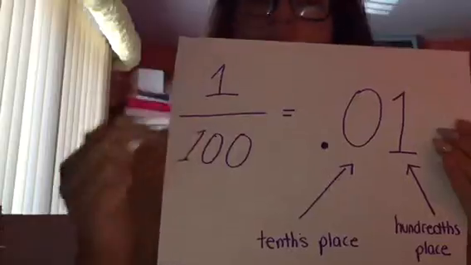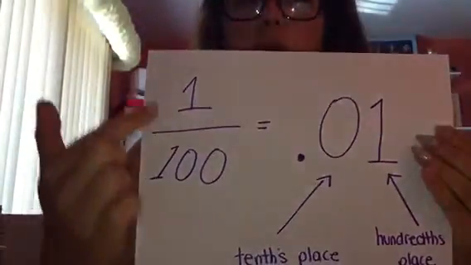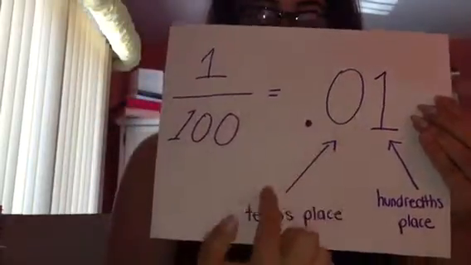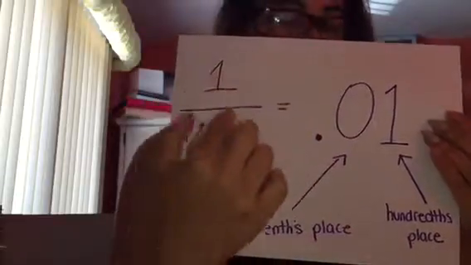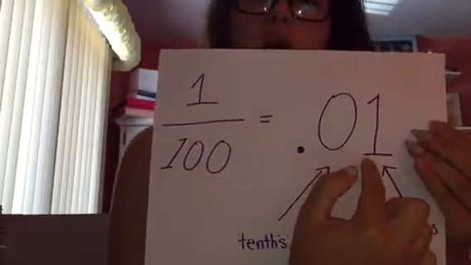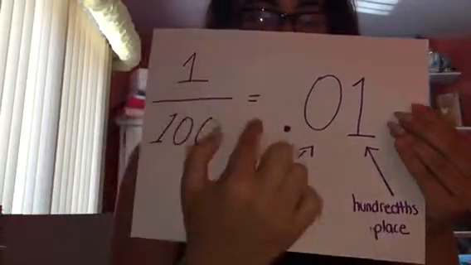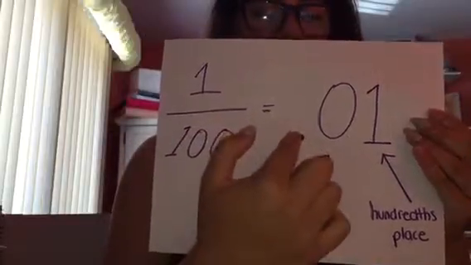That 0 would represent the tenths because we have no tenths in this situation. We only have hundredths. So there would be a 0 that would transfer to the tenths place to hold the place because nothing is there. And the 1 is going to transfer all the way over to the hundredths place to represent the 1 over 100.